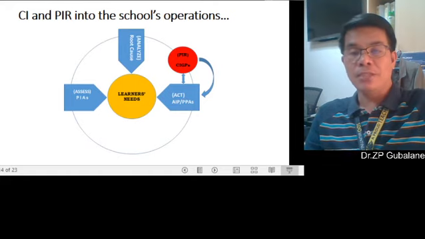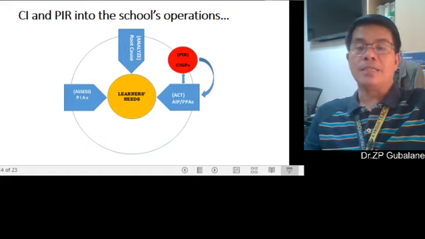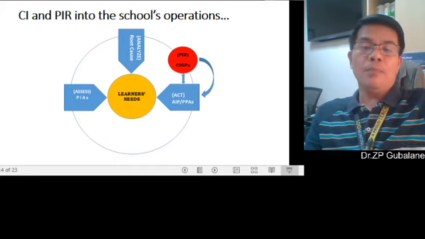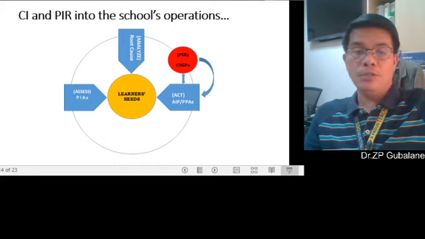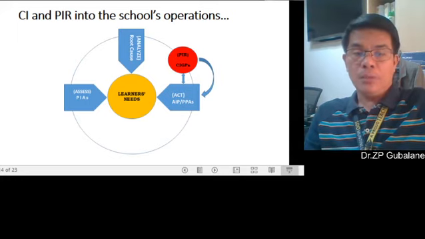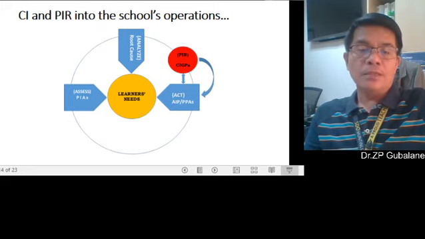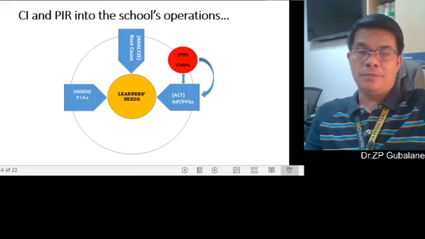You cannot create your AIP without identifying the PPAs. So, they are twins. And then that completes the CI component of your school operation. Okay, so again, our school operation is centered on learners' needs.